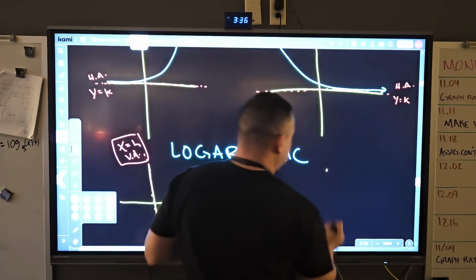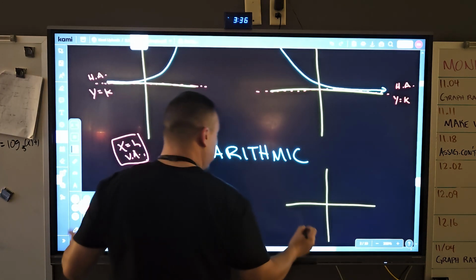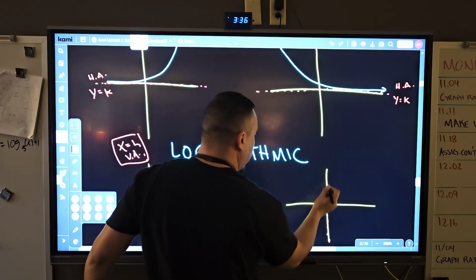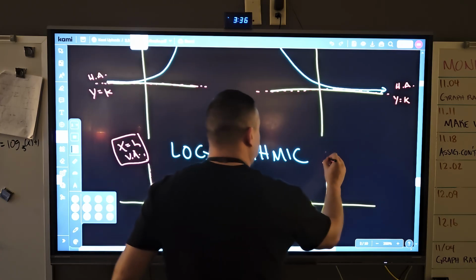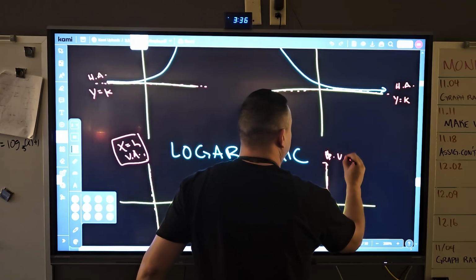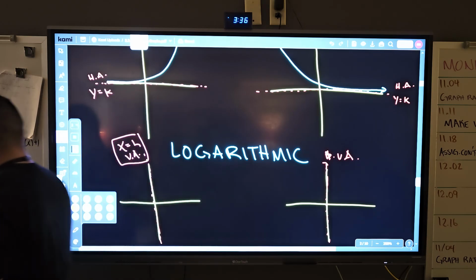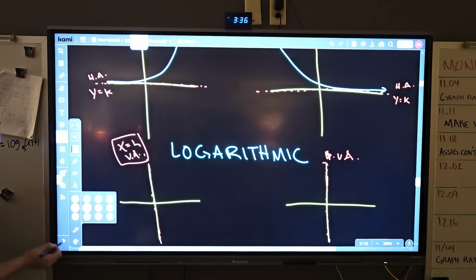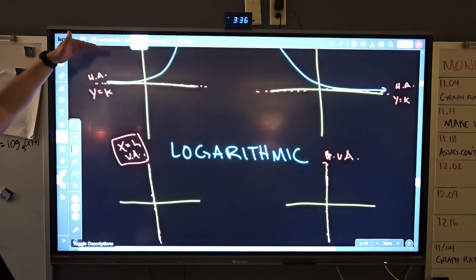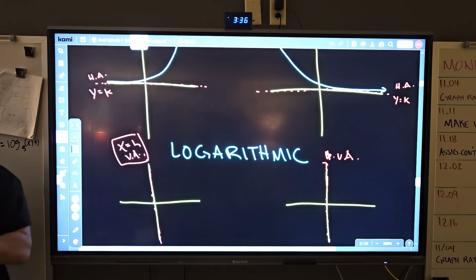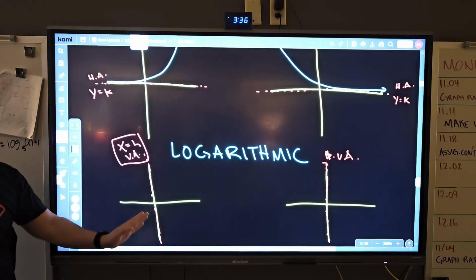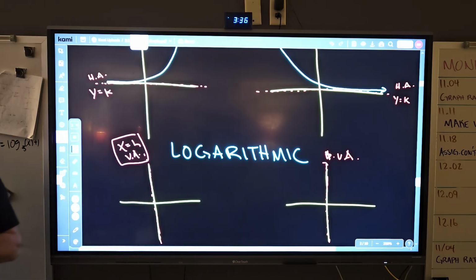So here we go. Okay, so again, oops, sorry, VA. Okay, now here's some hints, okay? We said it has to increase. If b is greater than 1, it has to increase. So how could we draw, I haven't shown you, hopefully you haven't seen on your calculator, but think about how could I draw an increasing graph that can't touch the wall.